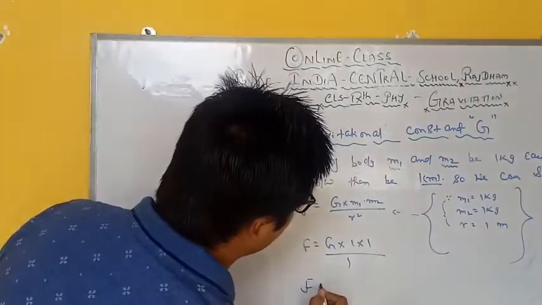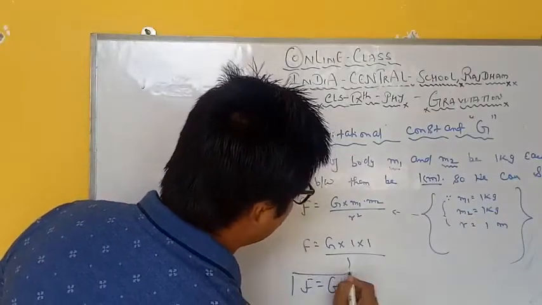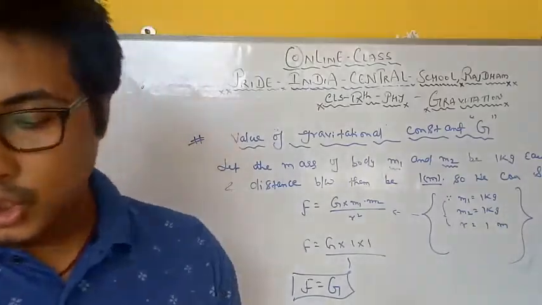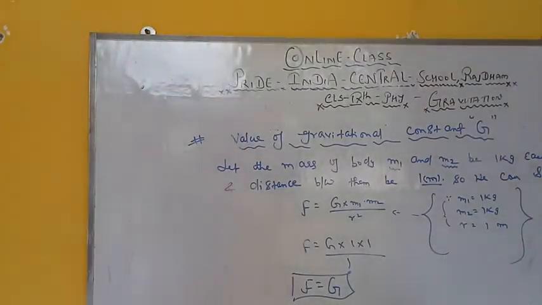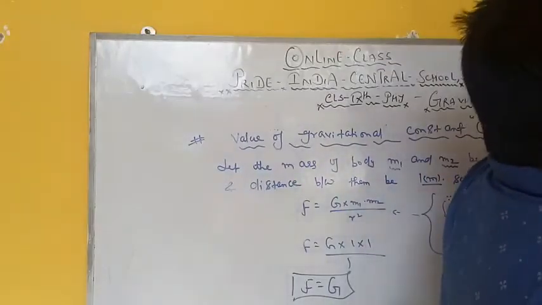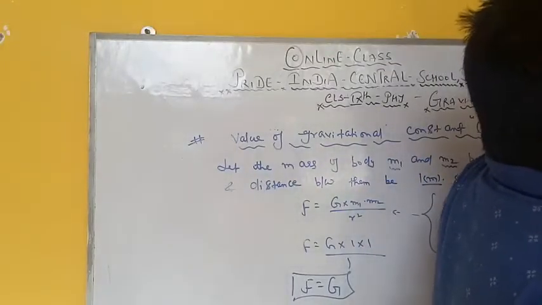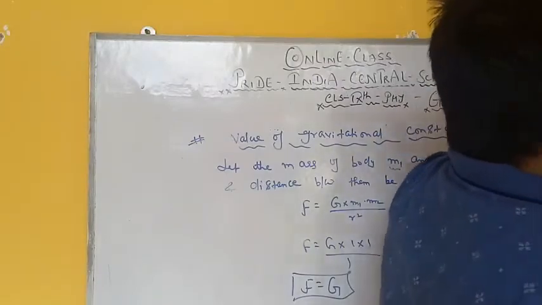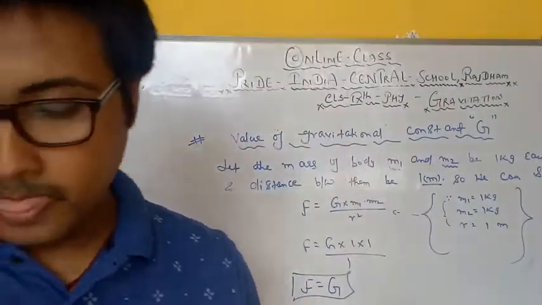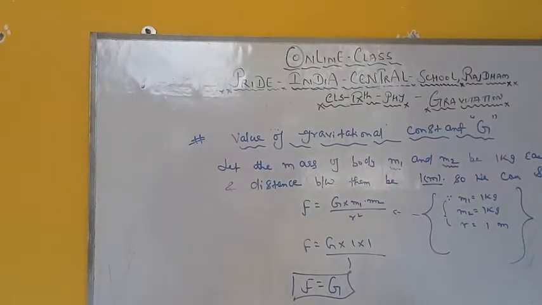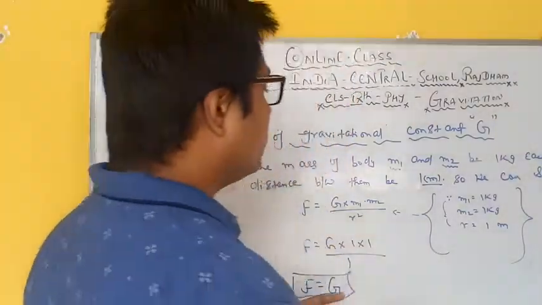So this is nothing but F is equal to G. You get it? F is equal to G.